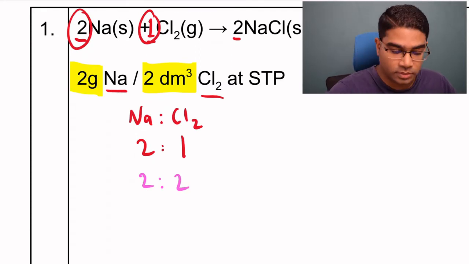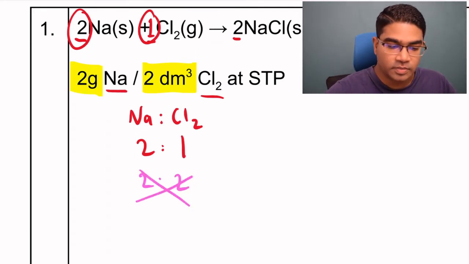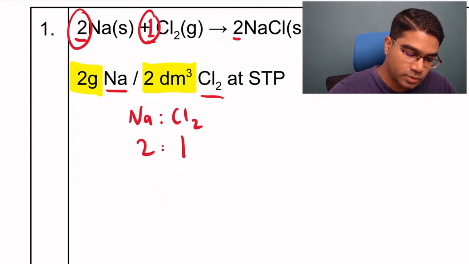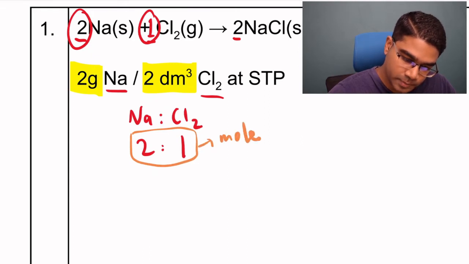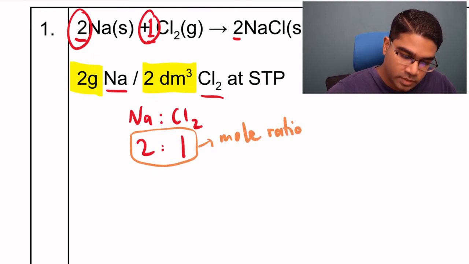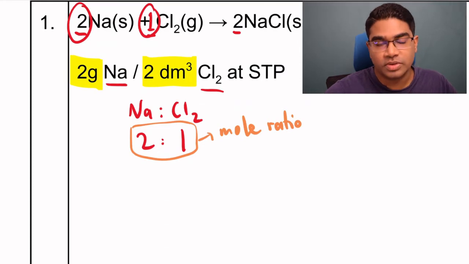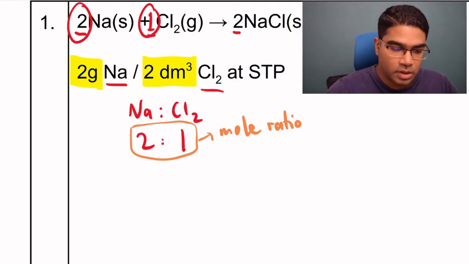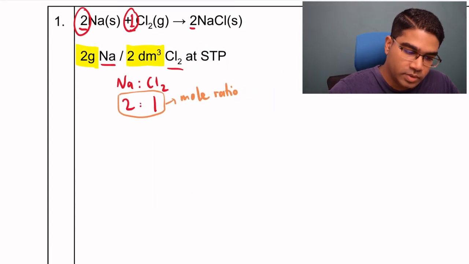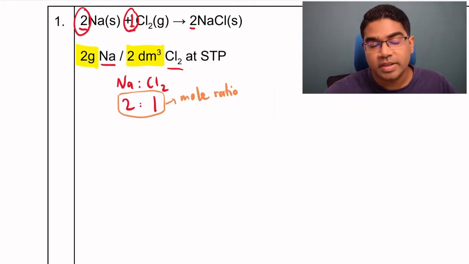But this is wrong, because we have to remember that the 2 to 1 here is a mole ratio. And therefore, we can only use moles, number of moles. We cannot use mass, we cannot use volume, and we cannot use number of particles. We can only use moles. So, in 2 grams of sodium, how many moles of sodium are there?